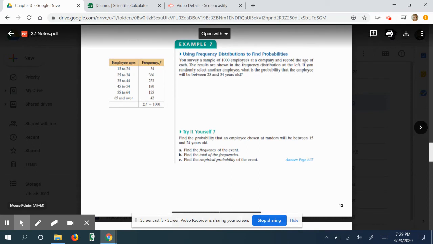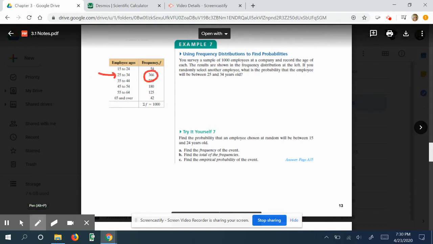All right, example 7. It says you survey a random sample of 1,000 employees at a company and record the age of each. The results are shown in the frequency distribution at the left. If you randomly select another employee, what is the probability that that employee will be between 25 and 34 years old? So from 25 to 34, that is right here.